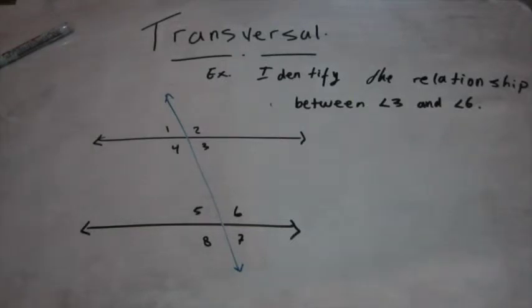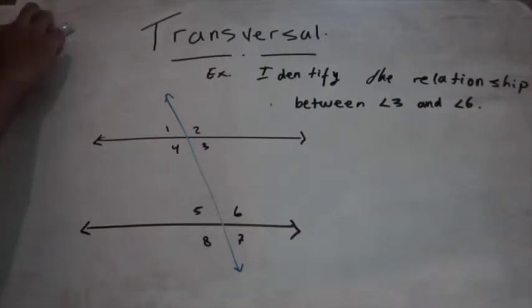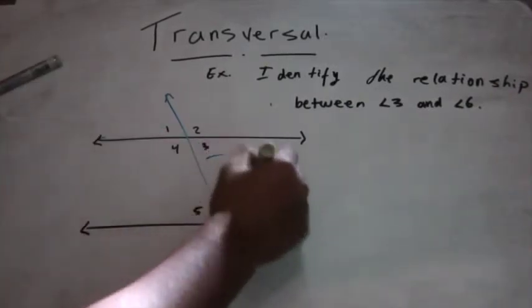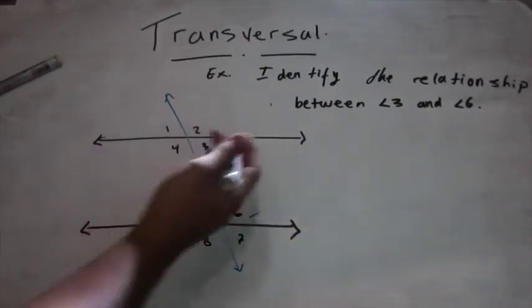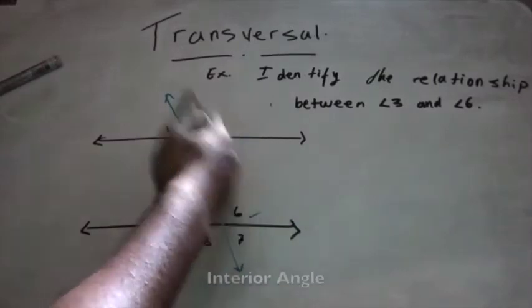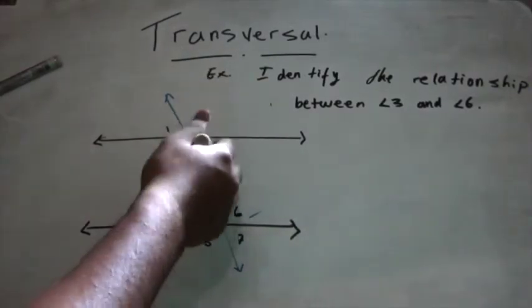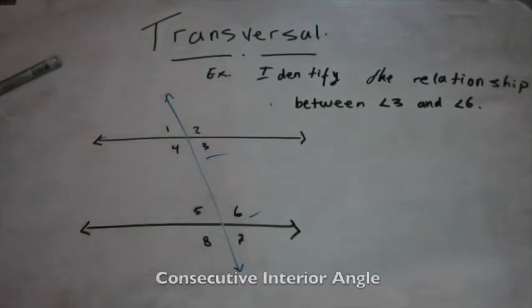So now we're moving on to some examples. It says identify the relationship between angle 3 and angle 6. Well, they are on the inside, so they are interior. They are right next to each other, so they are consecutive interior angles.